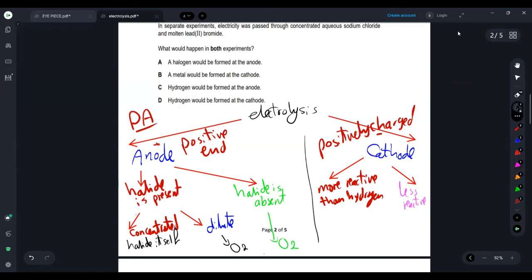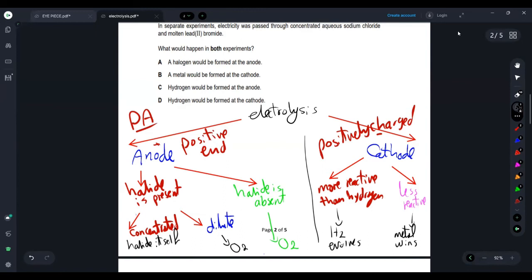If the metal ion is more reactive than hydrogen, our good friend hydrogen wins, so hydrogen evolves. On the other hand, if the metal ion is less reactive than hydrogen, the metal wins.